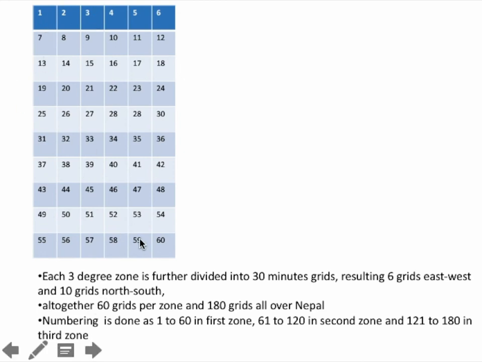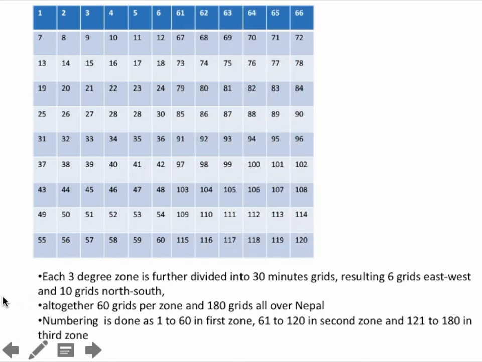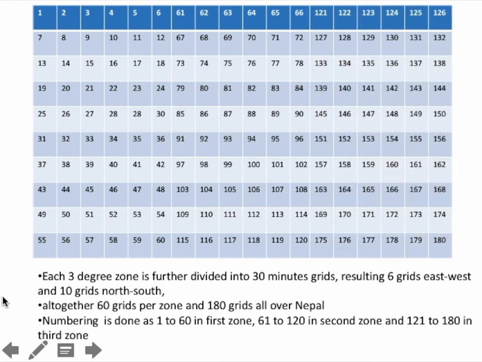This is the 81 zone, which contains 1 to 60, and this is the 84 zone, which contains 61 to 120, and 121 to 180 is the 87 zone. Altogether, one zone contains 60 grids, and the whole of Nepal has 180 grids.